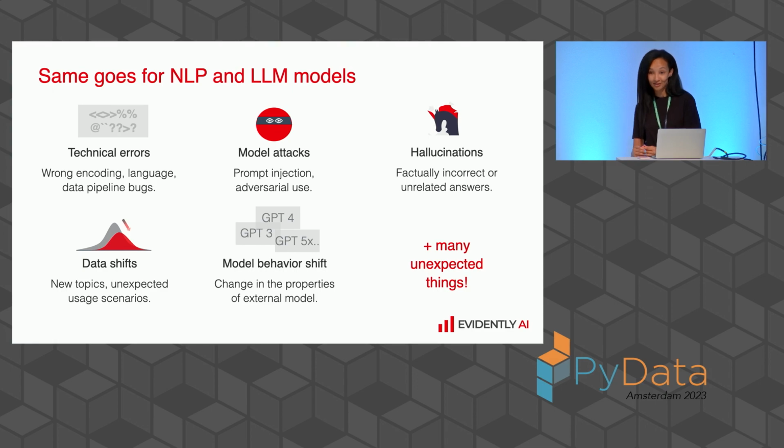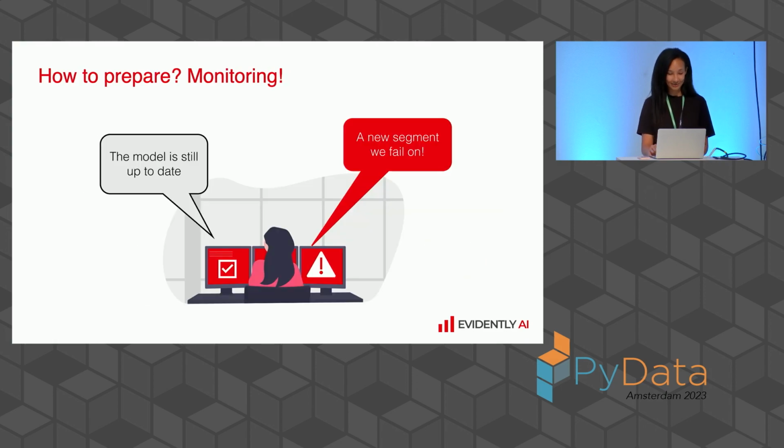And model attacks are quite interesting and popular nowadays. Sometimes you face things like prompt injections or other adversarial use. This is why it's quite important to keep track of our models. And hallucinations are also a very well-known problem, when our model produces some unrealistic output, and that's also not that good, right? So this is why we really care about model quality and data quality as well.